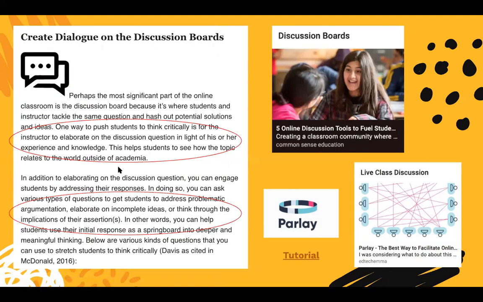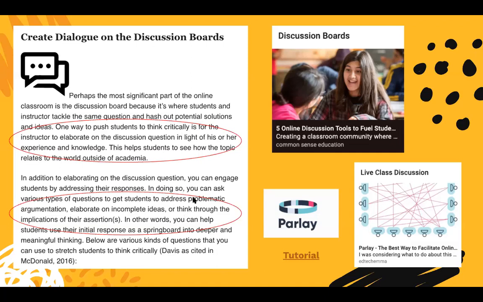I just have two little comments circled here. One way to push students to think critically is for the instructor to elaborate on the discussion question in light of his or her experience and knowledge. This helps students to see how the topic relates to the world outside. So you're really sharing what this looks like in the real world and making it relatable.